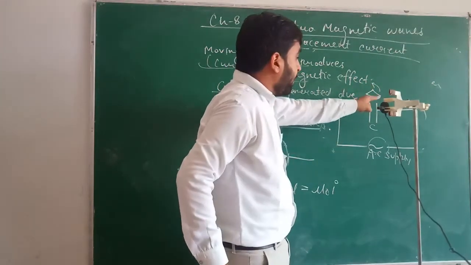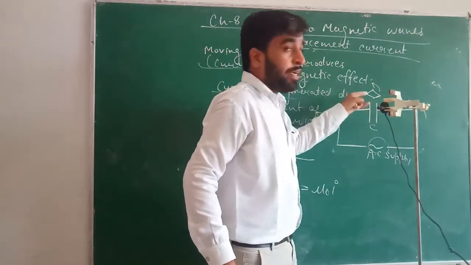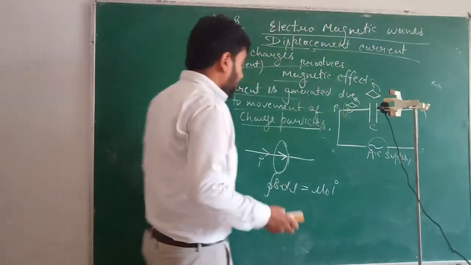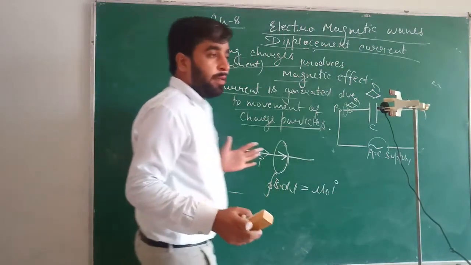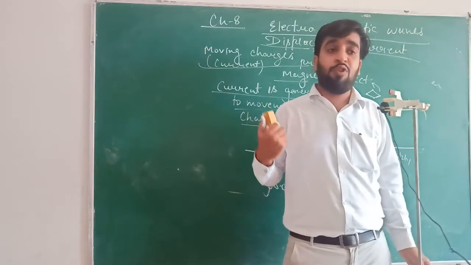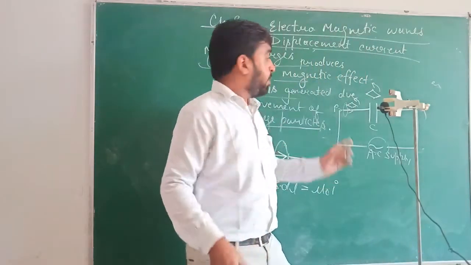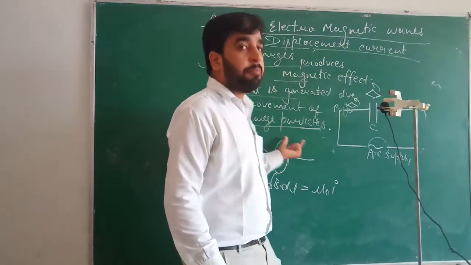If this magnetic needle is showing the deflection, it means there should be current present here. But how can the current be present? Because we already have studied Ampere's definition that for the generation of current, there should not be any vacuum. There should be the movement of charge particles.